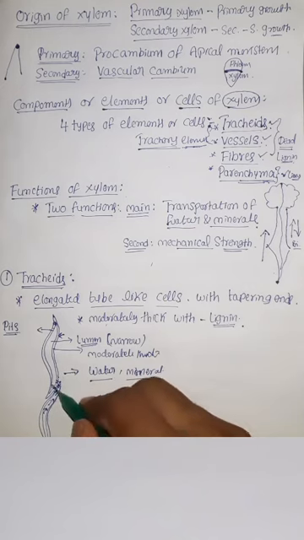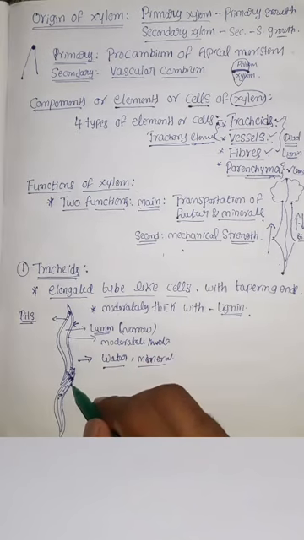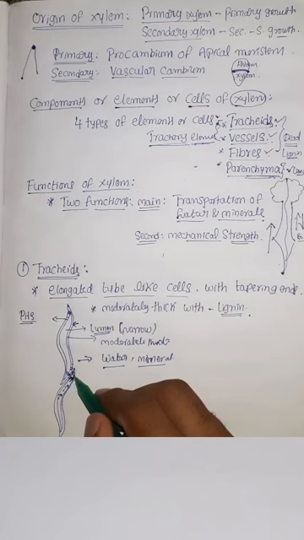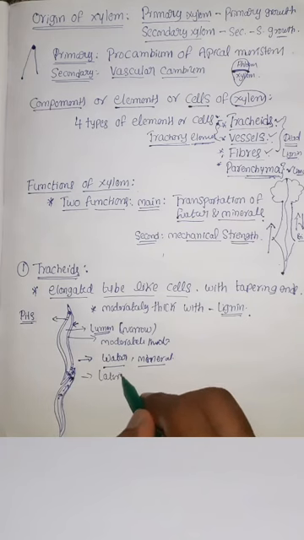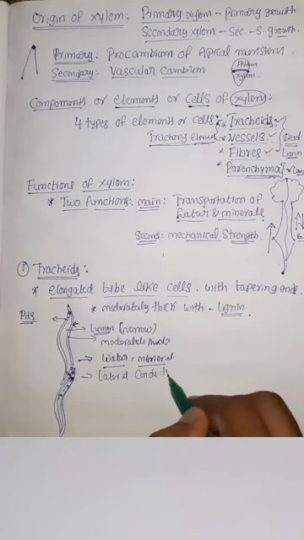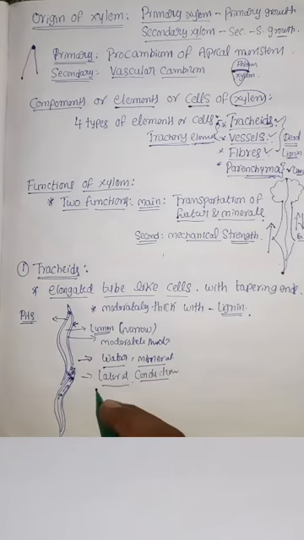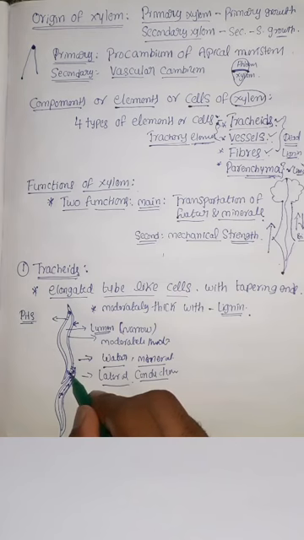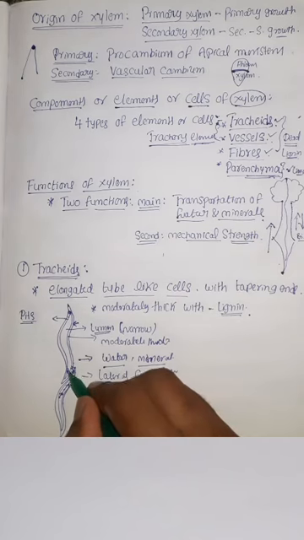Here the water is transported through the lateral conduction method, meaning the transportation takes place with the help of lateral pits. That's why this conduction type is called lateral conduction. Lateral conduction means the water will flow like this and enter into other cells like this.